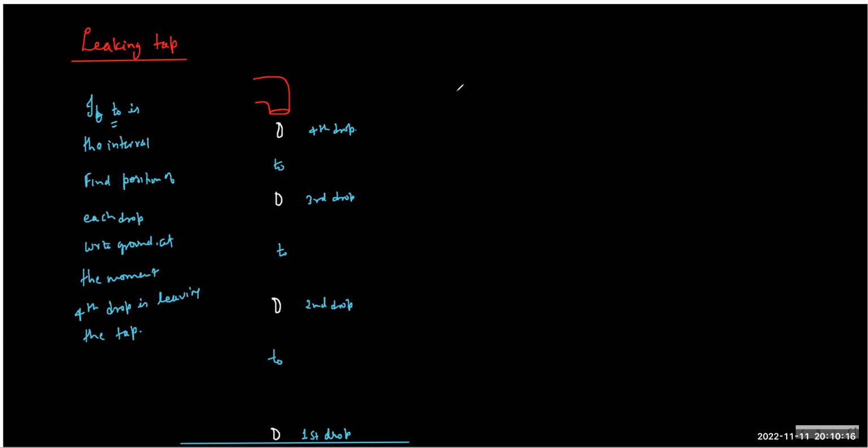Very good. See, the simple thing is, you know that the total time that a drop will take to reach the bottom is 3 T naught. So for any drop, if you release, if this is T equal to 0, this T is how much? So if I call this as H, can we write H equals half G 3 T naught whole square?